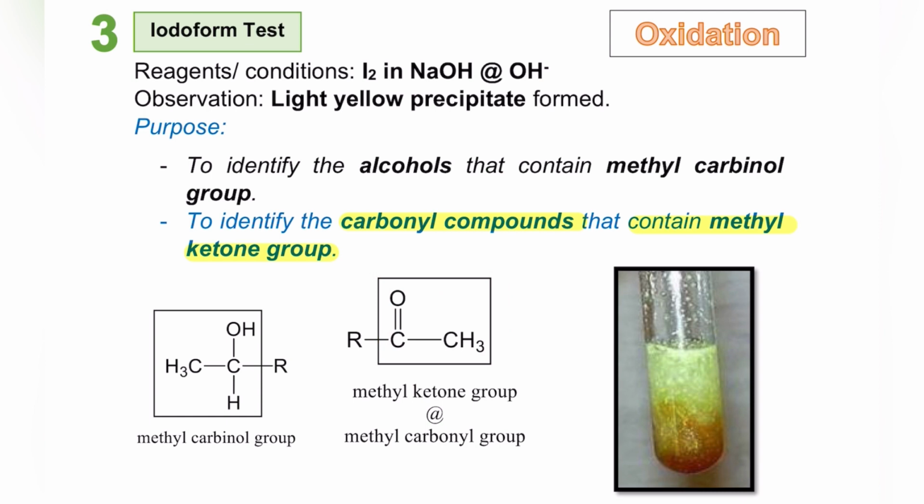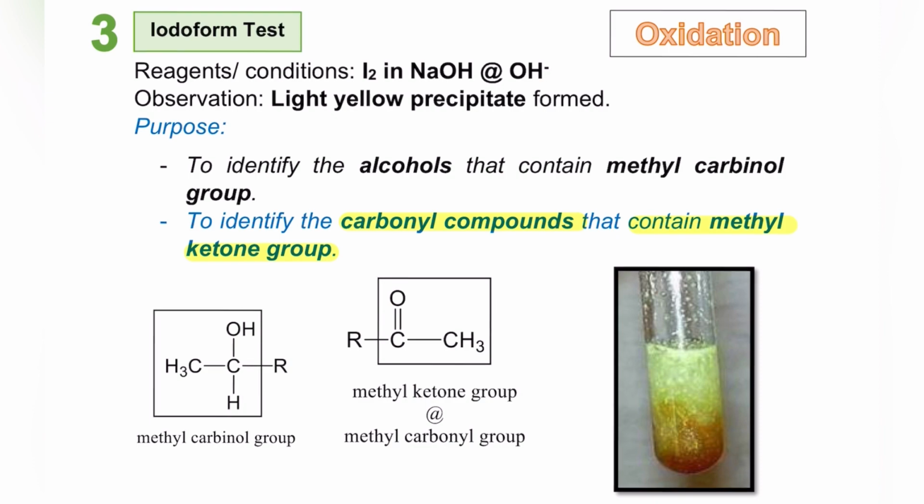So this is what is referring to the methyl ketone group, or another same term, methyl carbonyl group. So you can see the difference between methyl carbonyl group and methyl ketone group. So both of these, if you got them in the structure of the compound given, they can show the positive result for iodoform test.